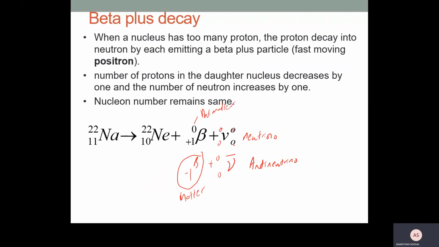In the first reaction, antimatter is formed, beta positive. So the neutrino is matter, antineutrino is antimatter.